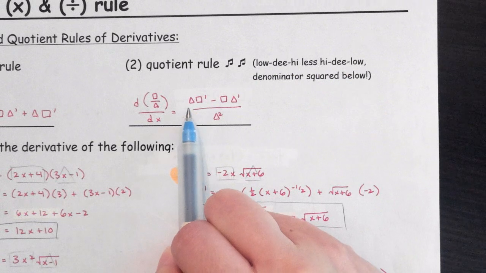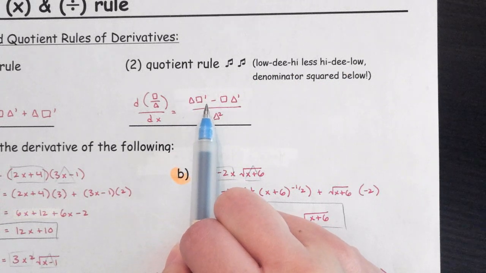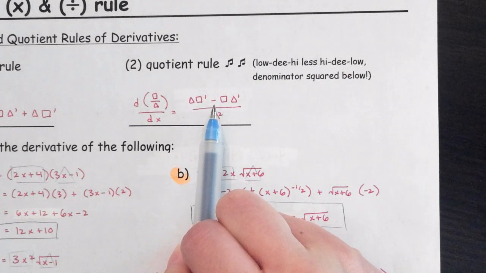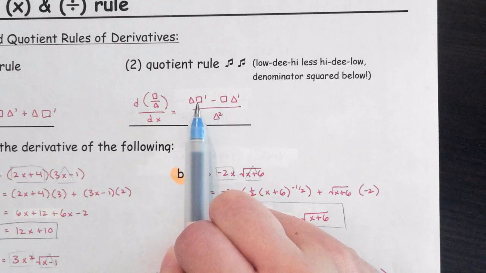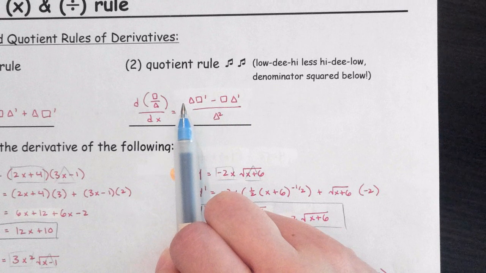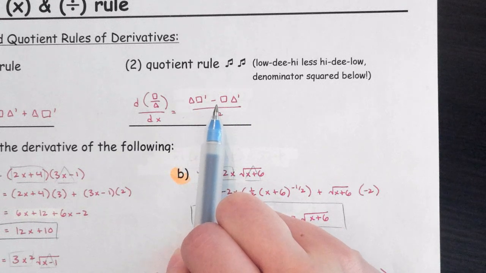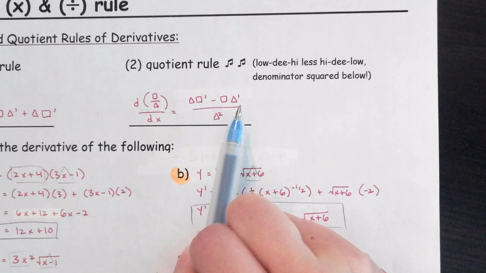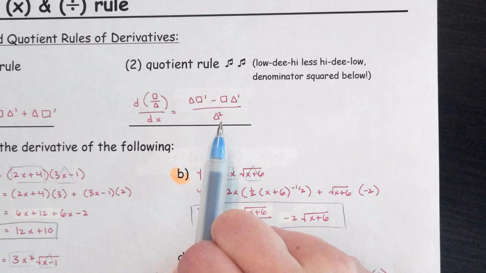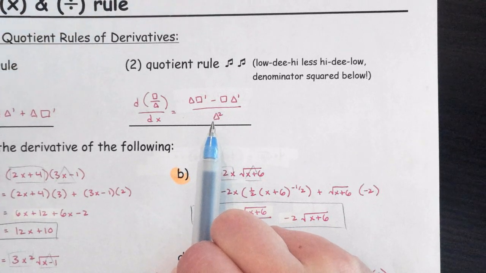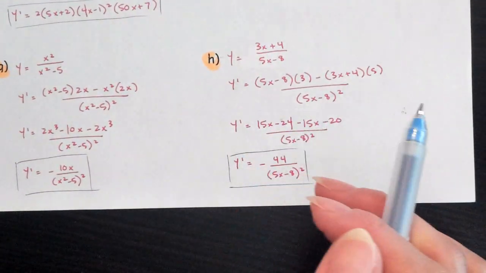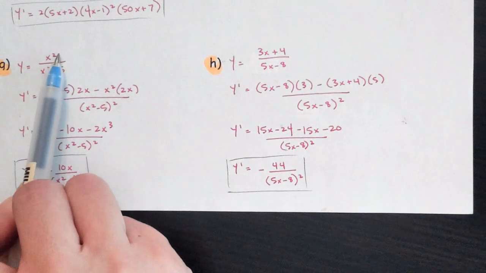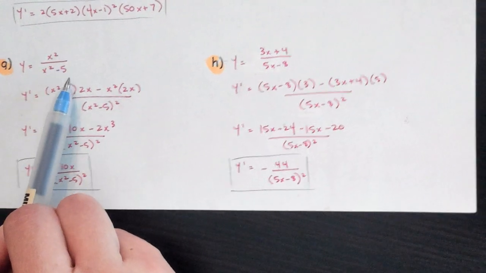So here's what it means. Low, d high, less, high, d low, right? So the d is really denominator. So low d high, less, high d low, denominator squared below. So that's your rule. So over here, as an example, you have x squared over x squared minus 5, which cannot be reduced.